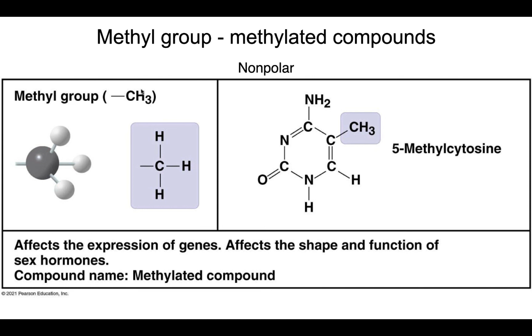So this functional group, in contrast to the other ones, is nonpolar. So when you add this to a molecule, you aren't giving it any polar effects. You're sort of just changing the shape of that molecule. That is going to play quite a big role in the expression of genes and something called gene silencing that we will talk about so much later in the course.